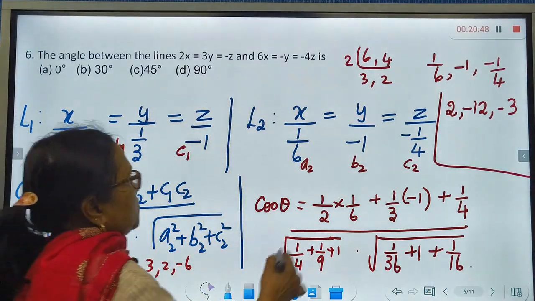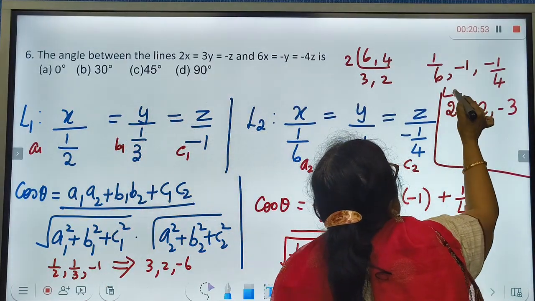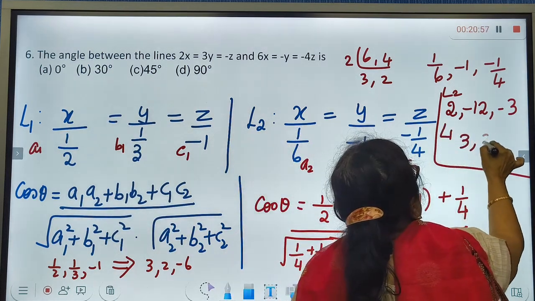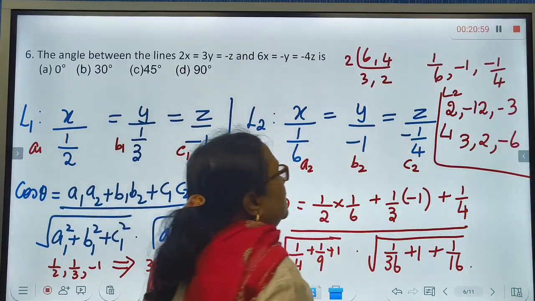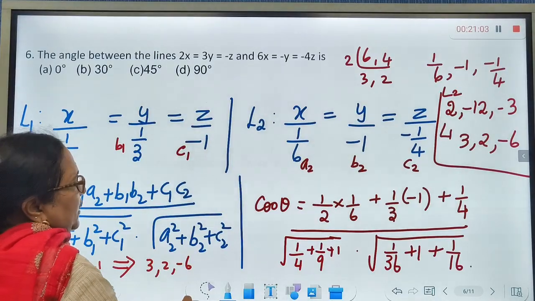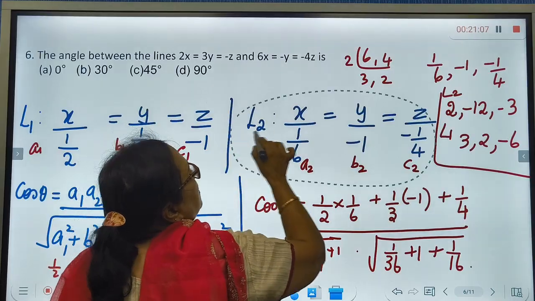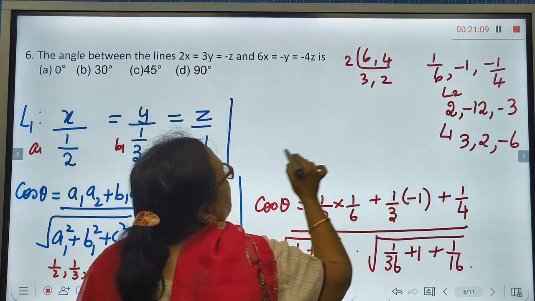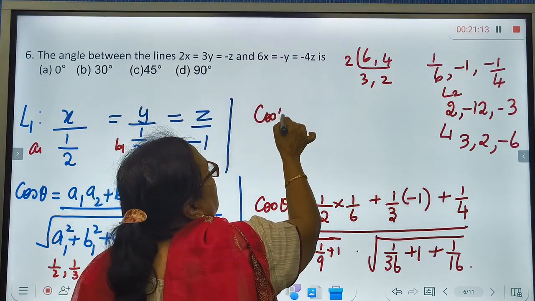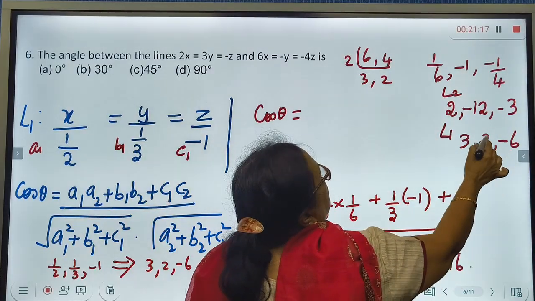Now this is one set of DRs, the L2 DRs. What are the L1 DRs? 3, 2, minus 6. So the calculations can be much easier if you take it like this. So cos theta equals, now you can take this as A1, B1, C1, A2, B2, C2.